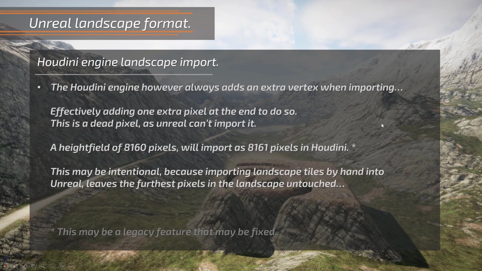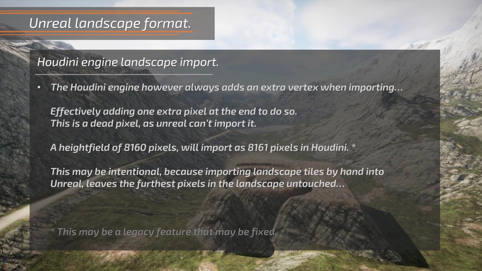However, the Houdini engine always adds an extra vertex when importing. So it effectively adds an extra pixel at the end of every tile. So if the tile starts at 0, 0, anywhere it's on the other end of the tile, so let's say a tile is 1020 units wide and high, then it's going to make it 1021.